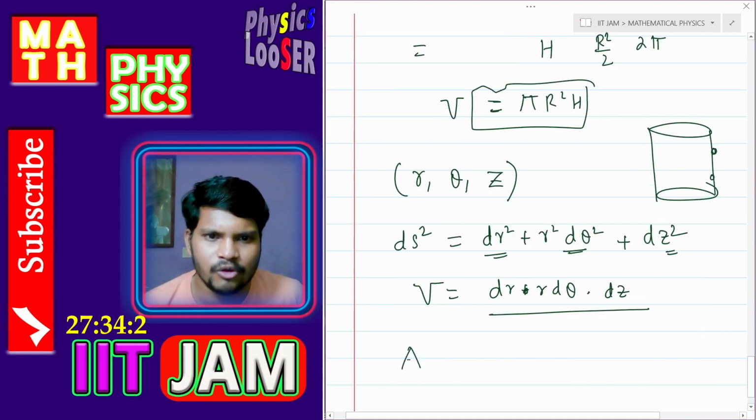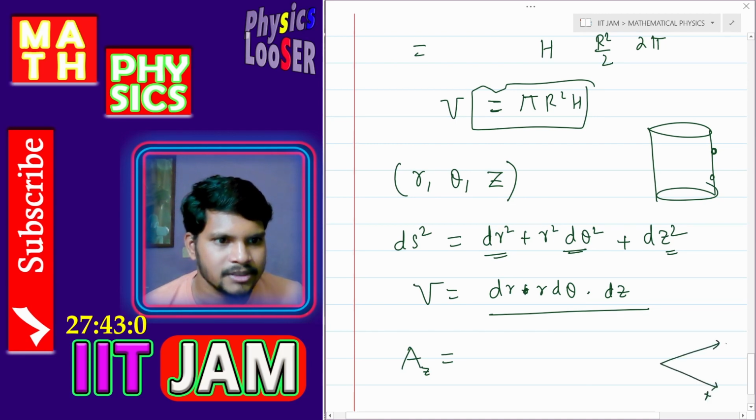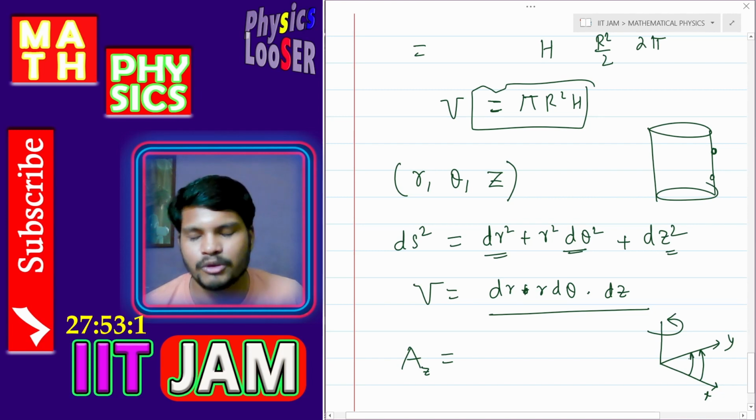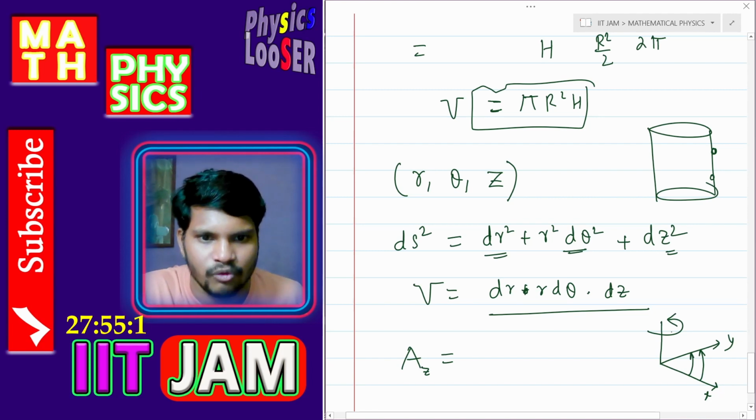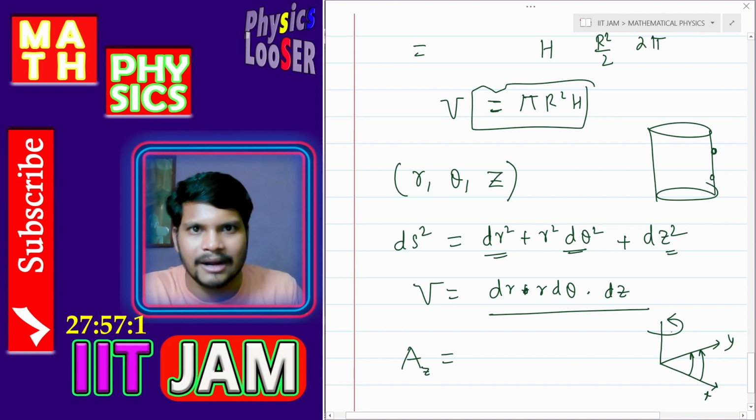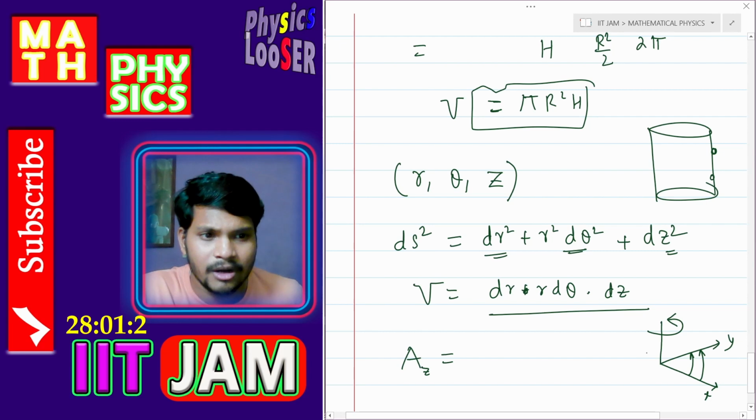On the other hand, if you want to find the area along the z direction, the area is a vector quantity. Consider this as the x and y plane. If x is going to y, it means you have a vector, you are rotating x and y like this. Or you can say it is the right hand rule: when you curl your fingers like this, it will go in the upward direction. So over here we can say that it's in the z direction.